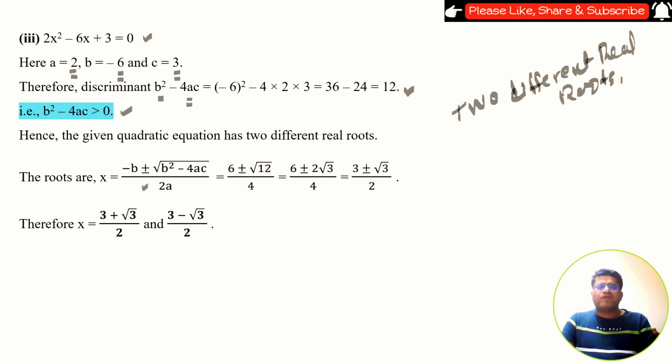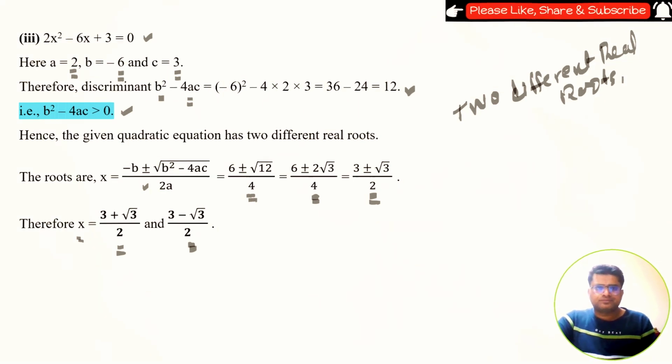We simplify this fractional number. After simplifying, what do we find here? x is equal to 3 plus root 3 by 2, and another one is 3 minus root 3 by 2. I hope you students understand all these solutions. Now we will see our next problem.